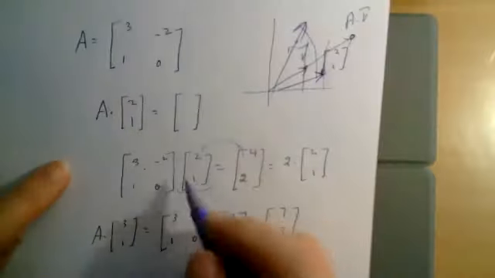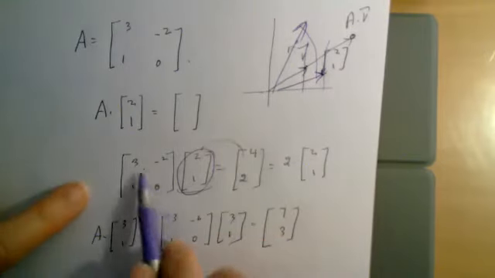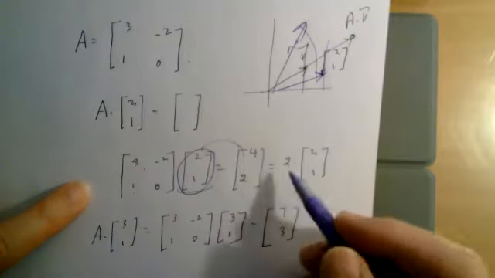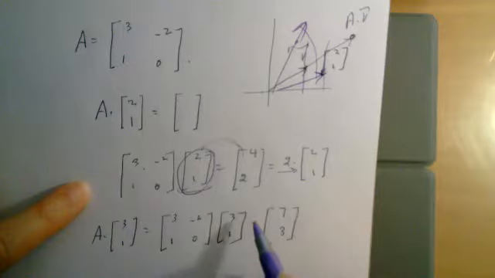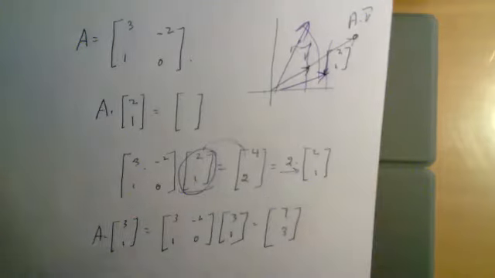Those particular vectors that, when you take the matrix and multiply it by them, the effect is only to stretch the vector by a scalar, are called eigenvectors. So eigenvectors are very specific.